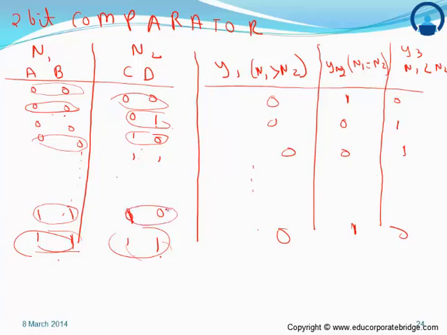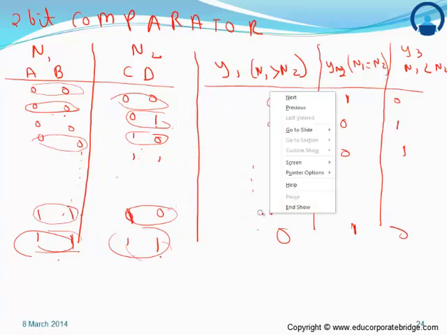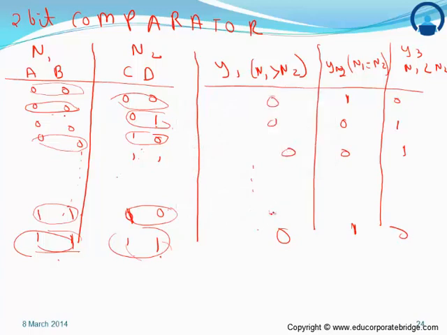Sorry, in this case n1 is 3 and n2 is 2, that is n1 is greater than n2. So we take it here as y1 is 1 and the rest all 0. Hence this is the 2-bit magnitude comparator truth table.